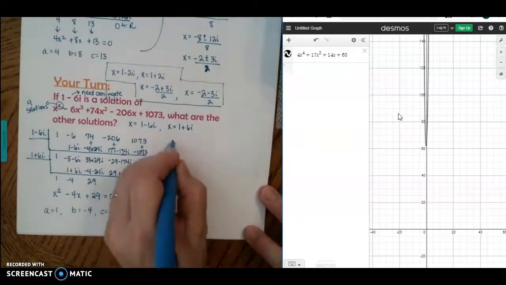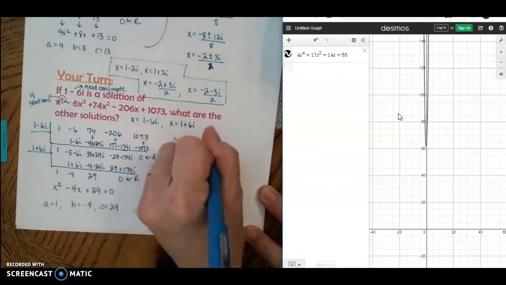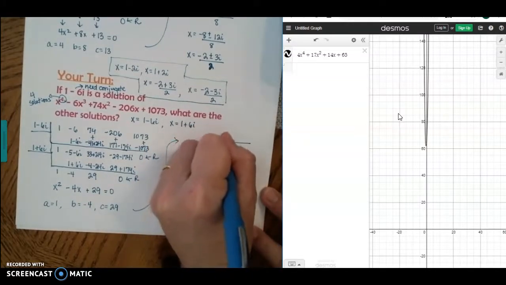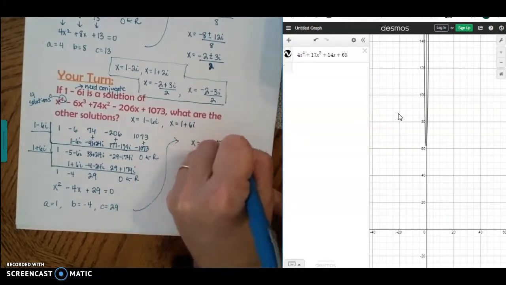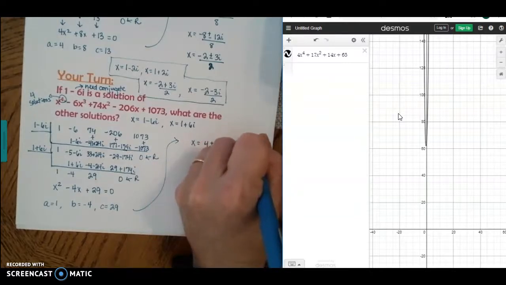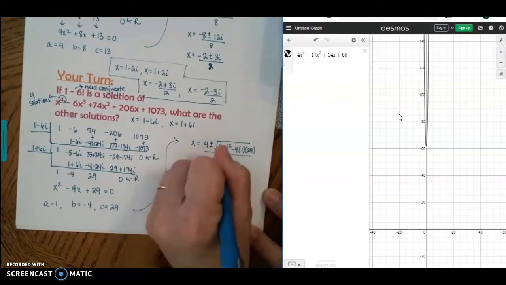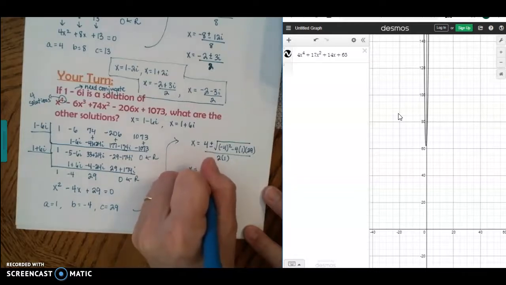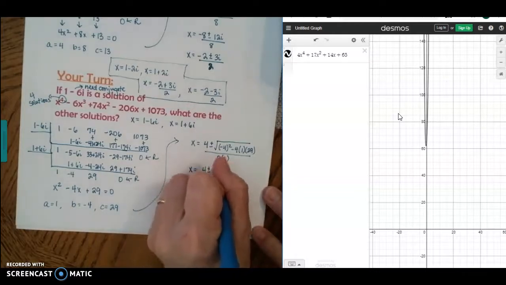So I'm going to come here for our quadratic formula. So x equals opposite of b plus or minus the square root of b squared minus 4 times a times c, all that over 2 times a. So we'll have 4 plus or minus.